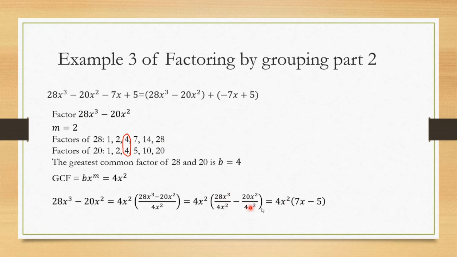X cubed over x squared, well, that's just x. You can subtract the exponents, 3 minus 2. 20x squared over 4x squared, that's 5. That's what we get. So we have 4x squared times 7x minus 5. That's from the first group.